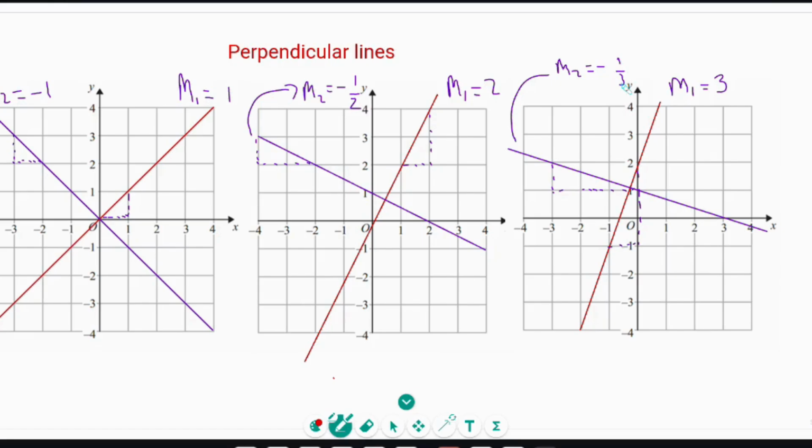If you notice, if you multiply the gradient with a perpendicular gradient, you get negative 1. Minus half times 2 is negative 1. Minus a third times 3, negative 1. This always happens with perpendicular gradients. If you multiply the gradient of one line and its perpendicular, you do get negative 1.